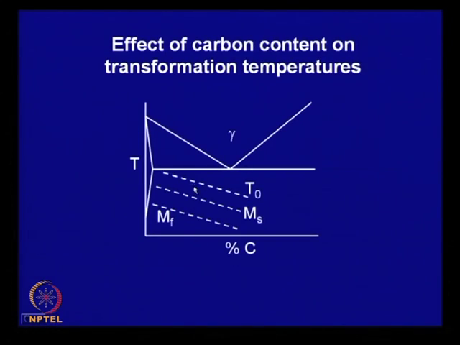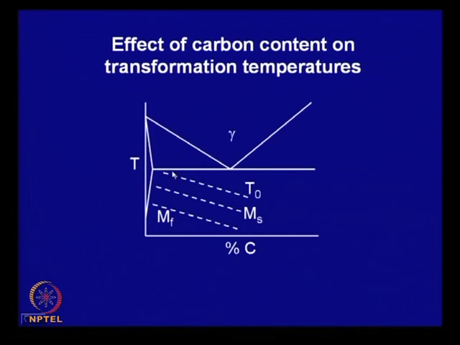And it is possible to superimpose on the relevant portion of the iron carbon phase diagram the temperature T0. So, this is a function of carbon content; the higher the carbon content, the lower is T0. So also MS or MF.